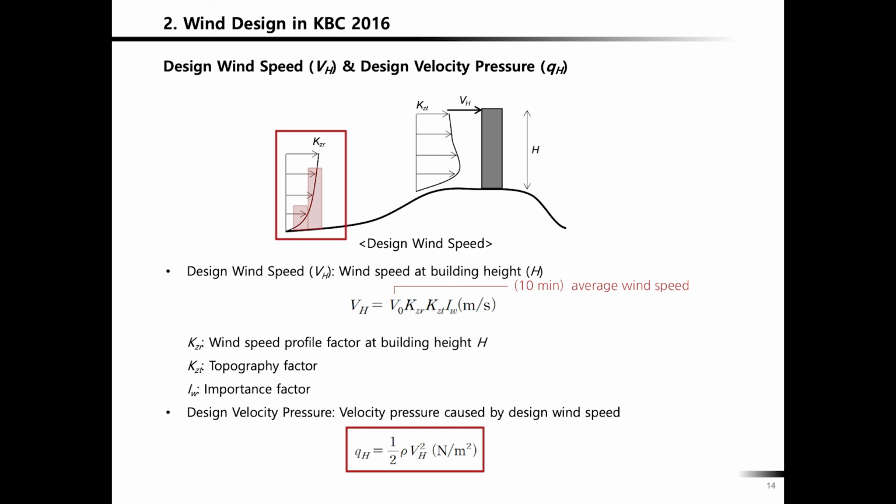VH, with an importance factor of 1, is just the roof level wind speed, called the design wind speed. And the design velocity pressure is the pressure at the roof level of the building. Below the roof level, it's going to be smaller.